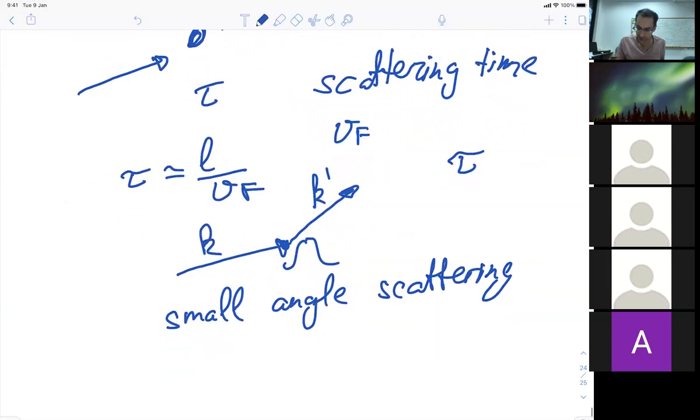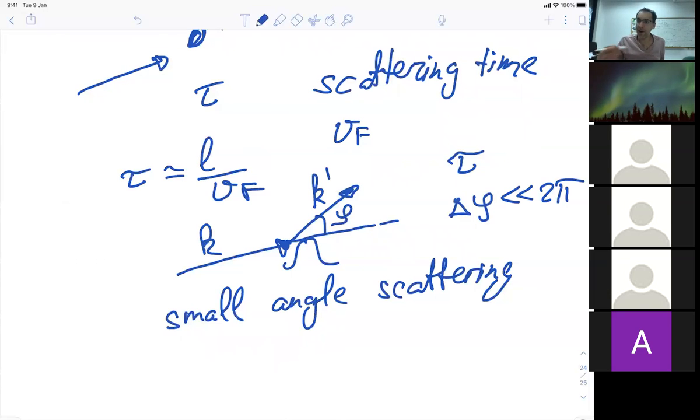The typical angle changes, but the change is much smaller than 2 pi. Then it would take many scattering events before the momentum of the particle equilibrates. So roughly speaking, the equilibration of the momentum occurs as a result of many scattering events. And therefore, the time at which the momentum of the electron randomizes is much longer than the time between individual scatterings.